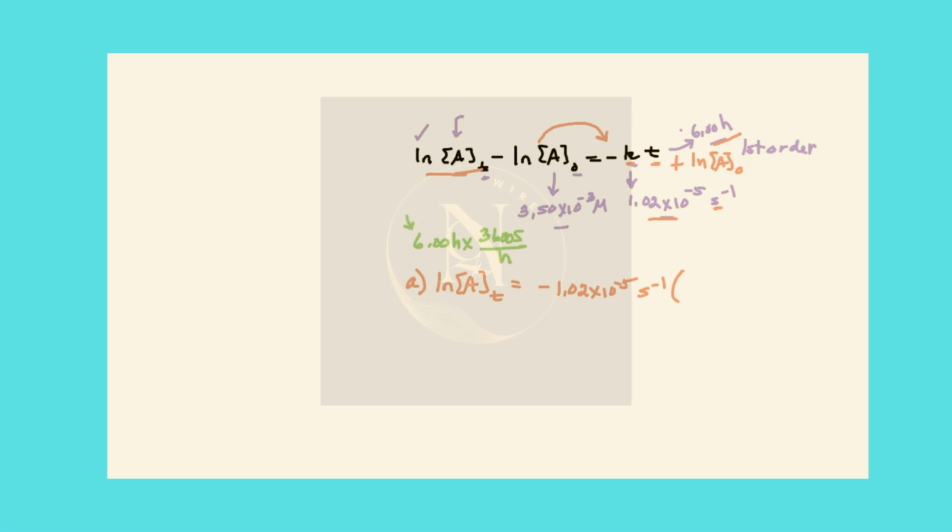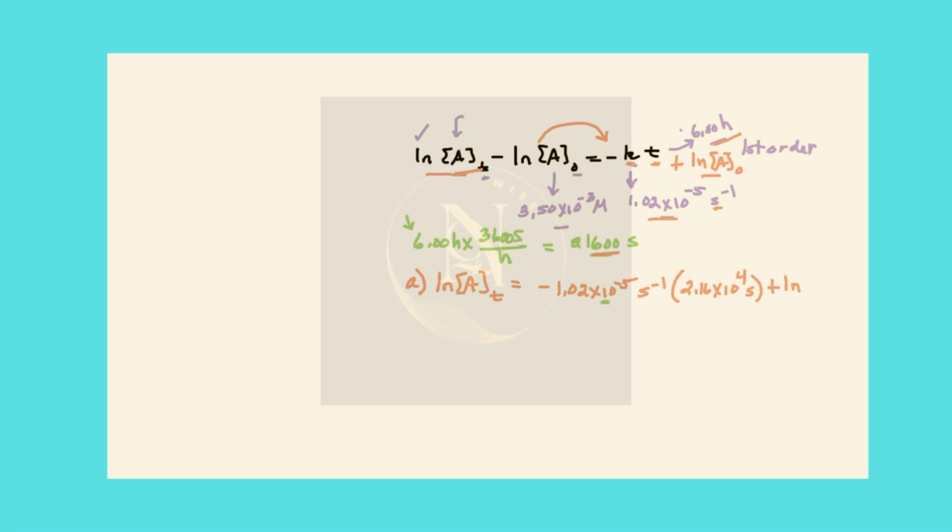If we have 6 hours and there are 3,600 seconds in an hour, that converts to 21,600 seconds. Now, because our first number, k, is already in scientific notation, let's put the time element in scientific notation as well to give 2.16 times 10 to the fourth seconds. It's the same as this number, but just in scientific notation.